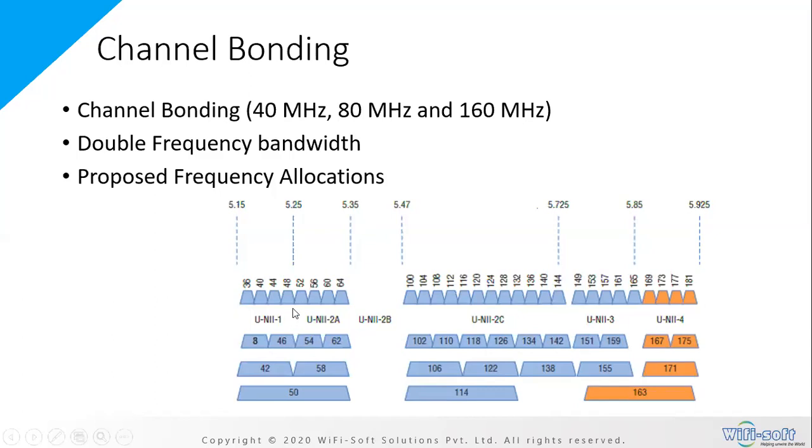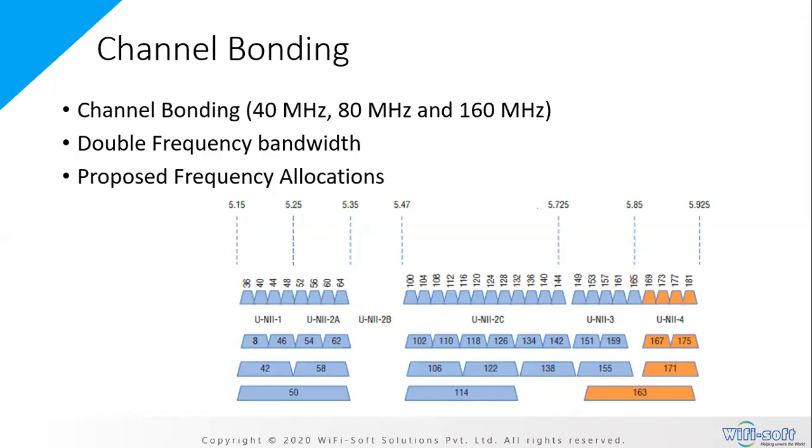Now, I was telling you about channel bonding, and I'm sure many of you may not be aware of this concept, so I'll try to explain it in more detail here. On the top, you are seeing the 5 gigahertz bands that we saw earlier, from 5.15 to 5.35 and 5.47 to 5.725, and so on.